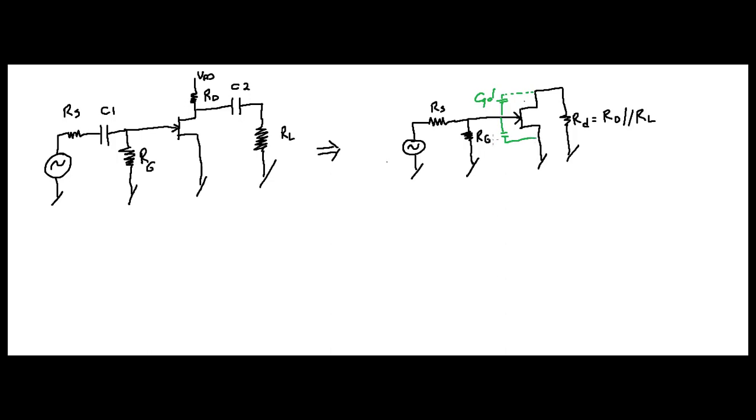That's going to be CGS, gate source, CGS. Alright? And you're going to have CDS. I'll come down here. There's enough space. That's CDS. Alright? That's not so bad, right?